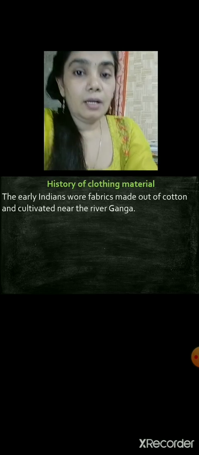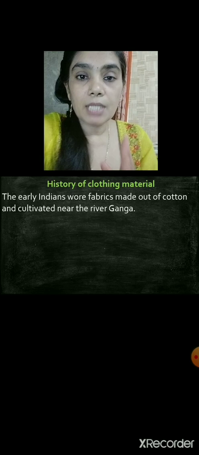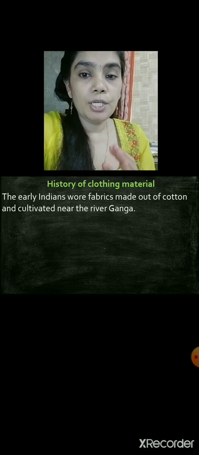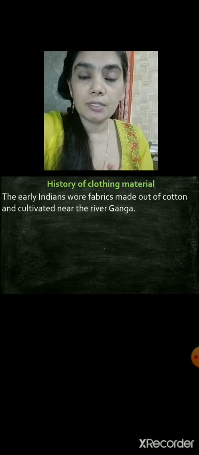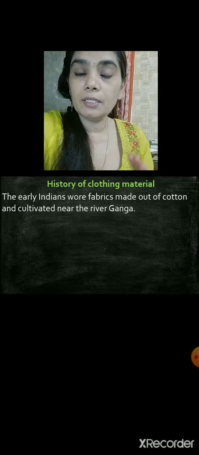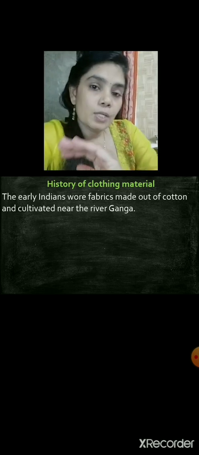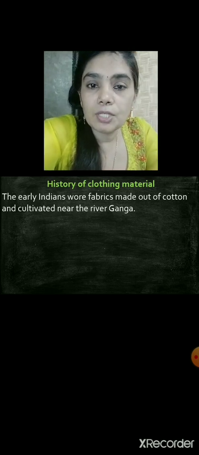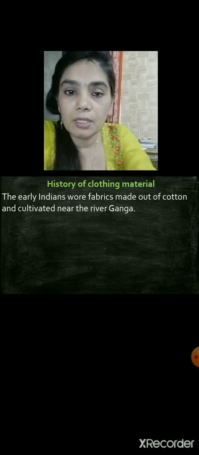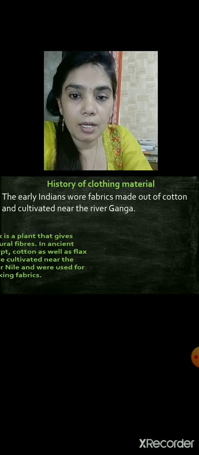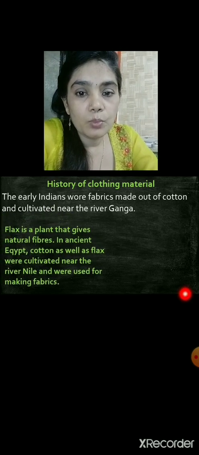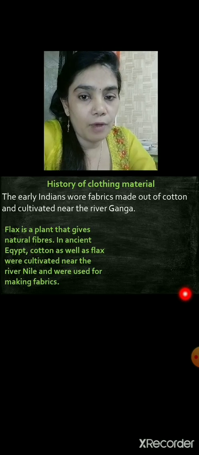Then when the early humans started settling in one place, he settled near the rivers so that he could find water, and slowly he started cultivating, that is, growing crops near the river Ganga. He planted the flax plant, which gives natural fibers.